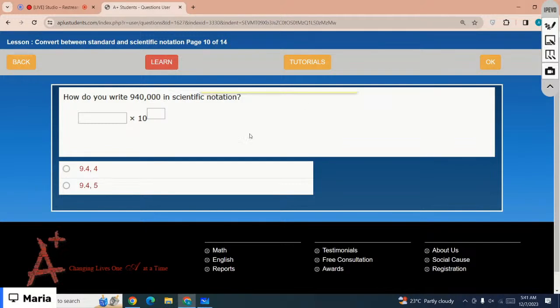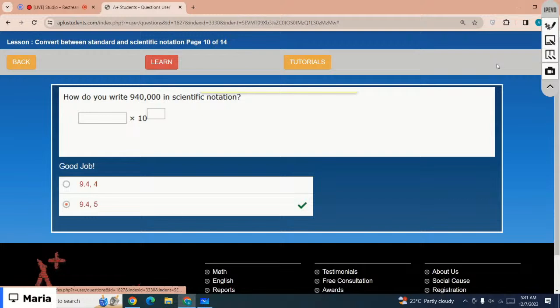Yes, that is 9.4 times 10 exponent 5, the correct option, right? Option 2 is the correct option.